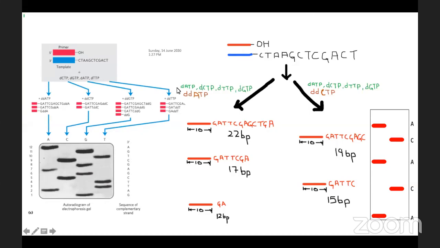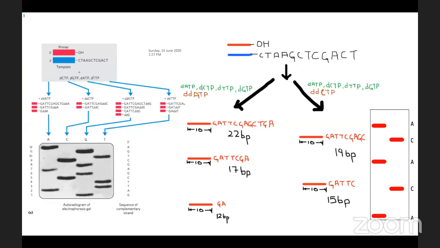In the first reaction, we have all the bases here. The bases are, as I told you, deoxyadenosine triphosphate, cytosine triphosphate, thymine triphosphate, and guanosine triphosphate. They are basically building blocks. These are the bases which are incorporated when the DNA is being synthesized.